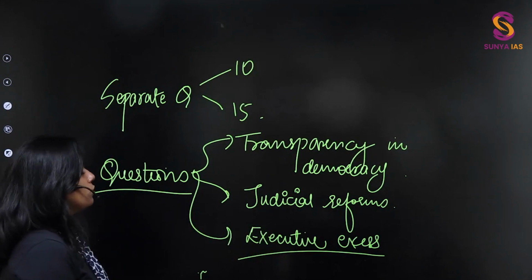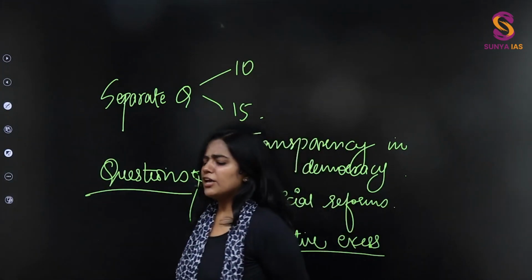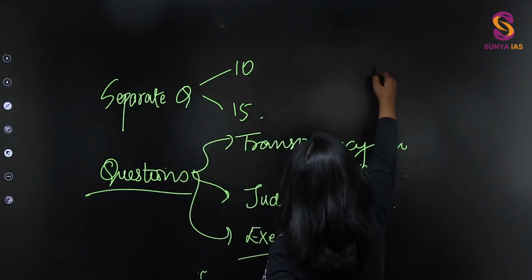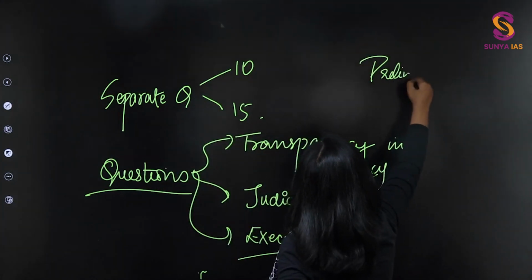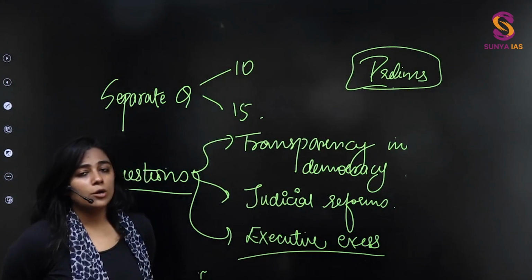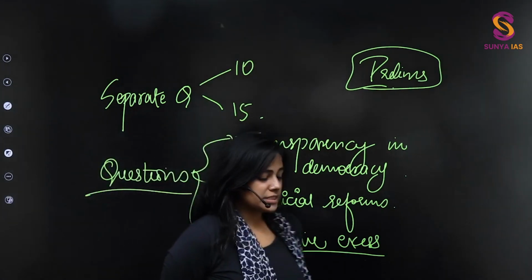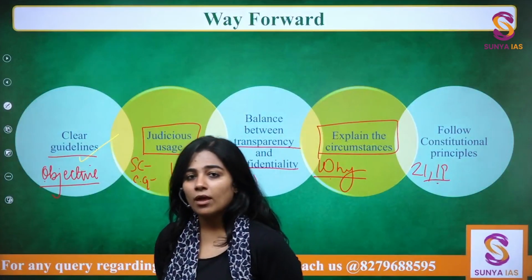Fine. So these are the issues wherein you can use sealed cover jurisprudence. If it comes in your prelims examination, you know what it is, you know the impact of sealed cover jurisprudence. So I hope now this is crystal clear, what sealed cover jurisprudence is and where it can come.